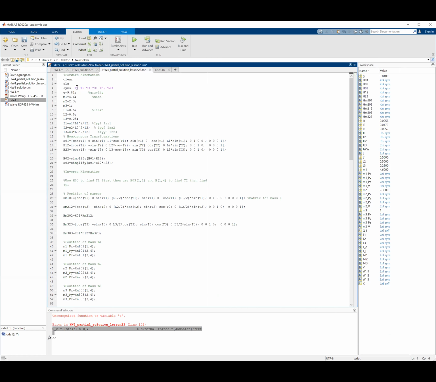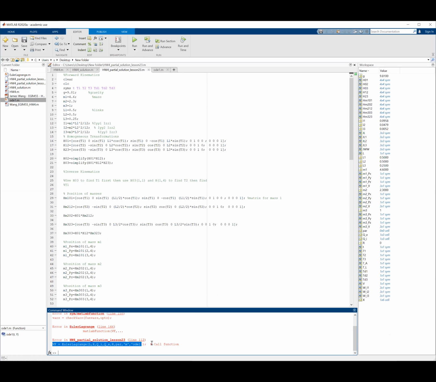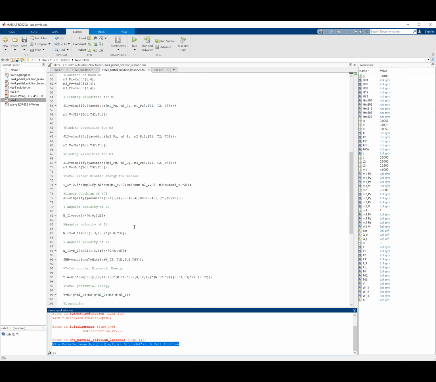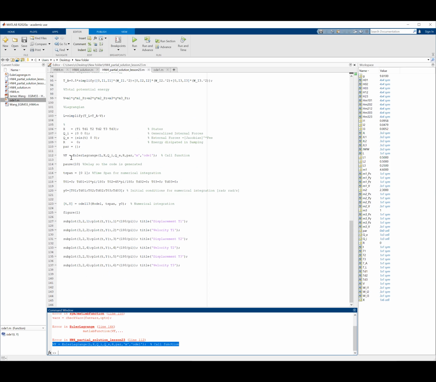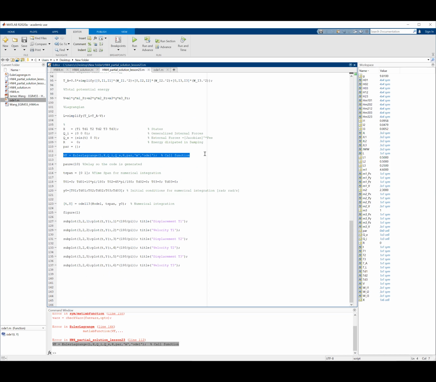So I will add syms t and try to run it. You still have an error, and now this error is in VF Euler-Lagrange. So the error is at this location, which means Euler-Lagrange is not set up to handle time varying torques.